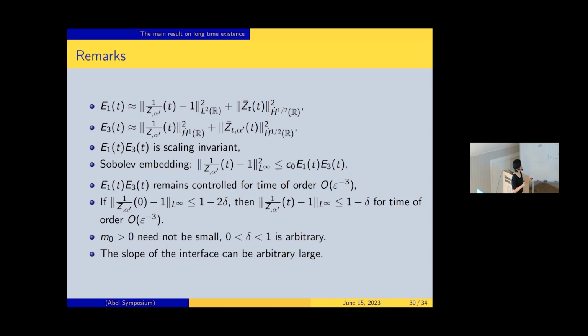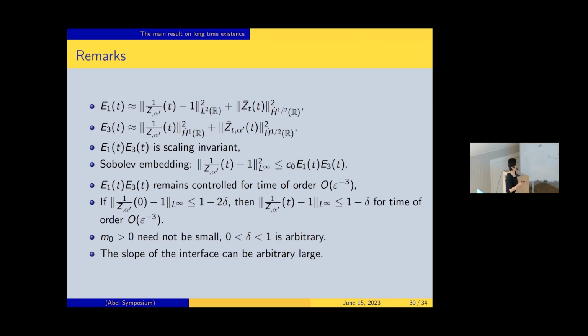E3 controls exactly one spatial derivative above these two. So you multiply these two, you get a scaling invariant quantity. The reason the product is involved is that we want to control this quantity for time of order epsilon to the minus 3.